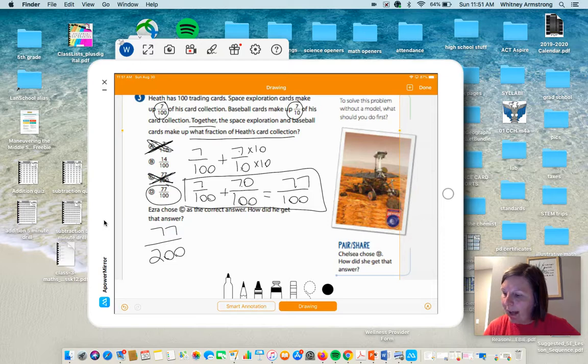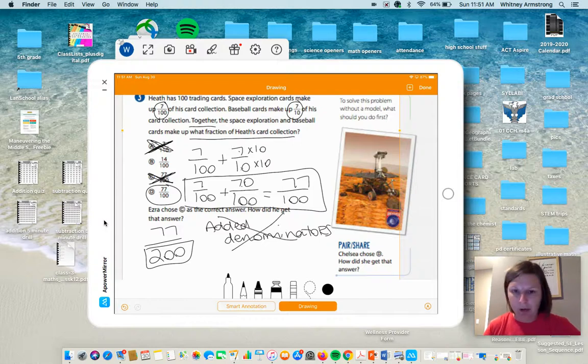Instead of not adding his denominator, because you're not supposed to add those together, he added his denominator to get 200. So that's how he got that. So he added the denominators, which is a big no-no. We don't do that. Do not add your denominators ever, okay?